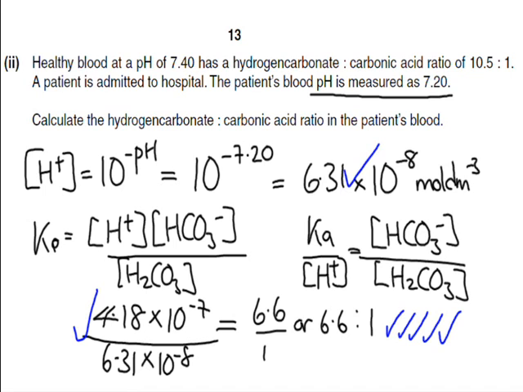You would get a mark for determining the value of Ka, this 4.18 times 10 to the minus 7. And lastly, you would get a mark for correctly determining the concentration of H plus in healthy blood, the 7.40 value, which you should have calculated as 3.98 times 10 to the minus 8.